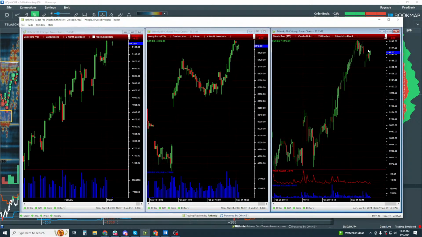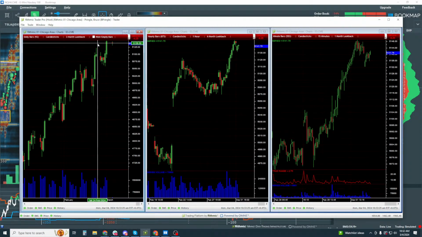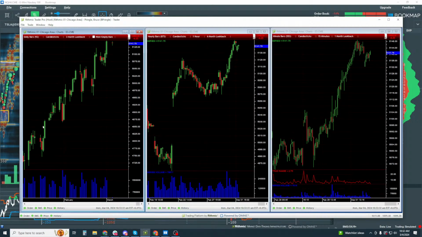What do we have today? Well, we have an inside day on the daily, and this is to be expected after a pretty big move. Just look at the behavior in here typically. Here's a big move and it actually continued on the daily, and then here's a big move and it pulled back quite a bit the next day.